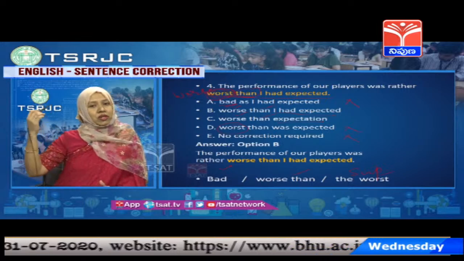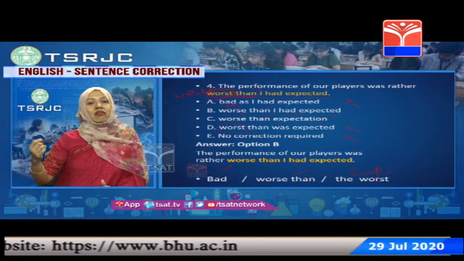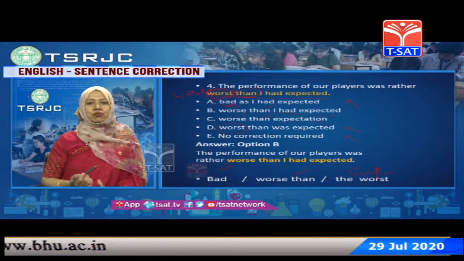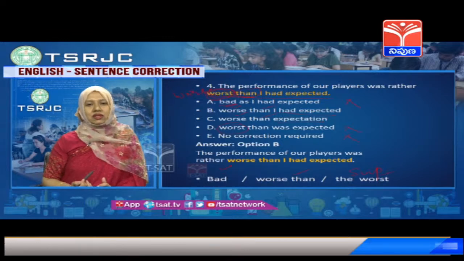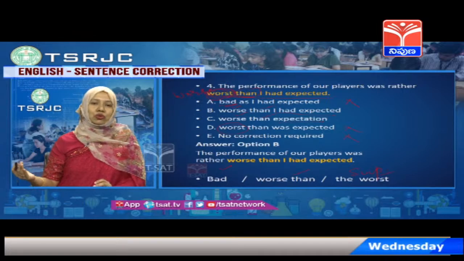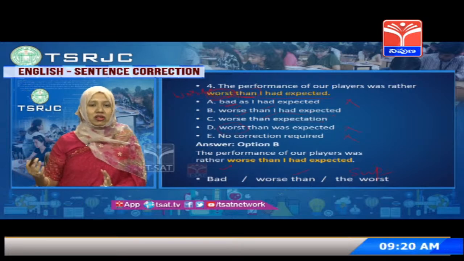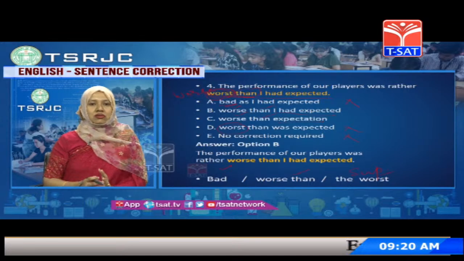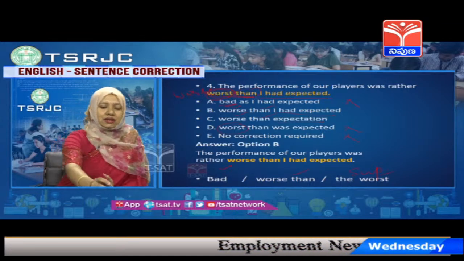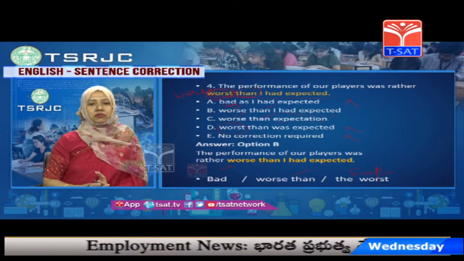So, the performance of our players was rather worse than I had expected, not worse than expectation. It should be worse than I had expected. I had expected them to do better or win some match, but they have performed very bad or worst or worse. So, because than is there, they have performed worse here.